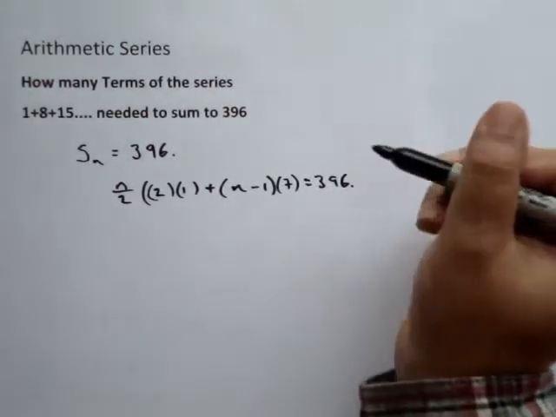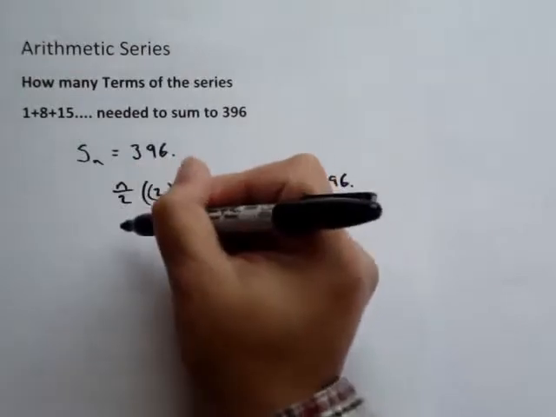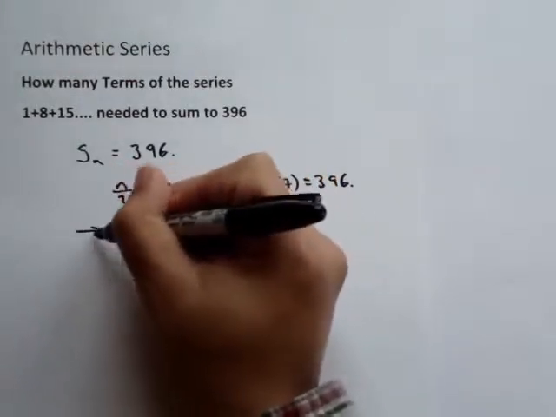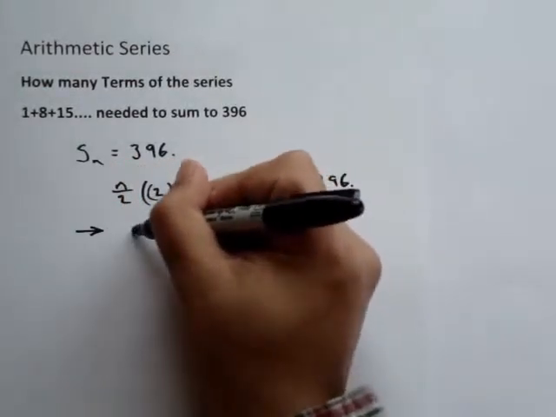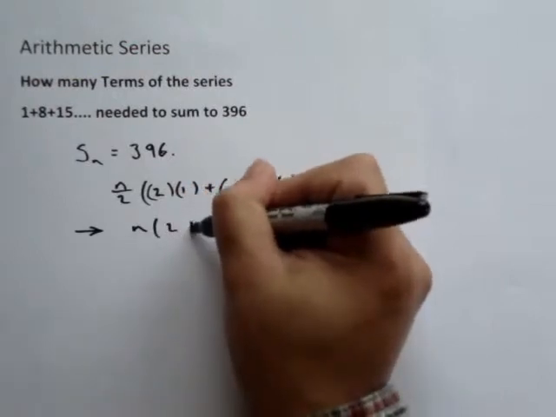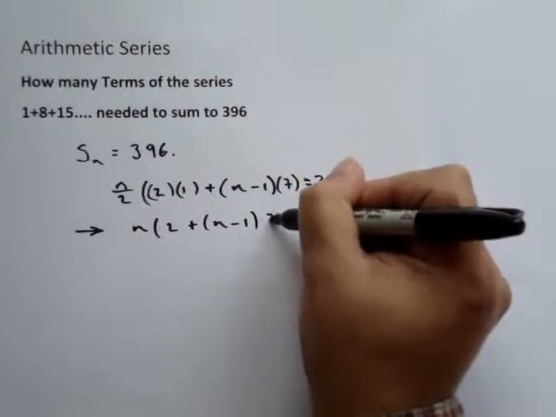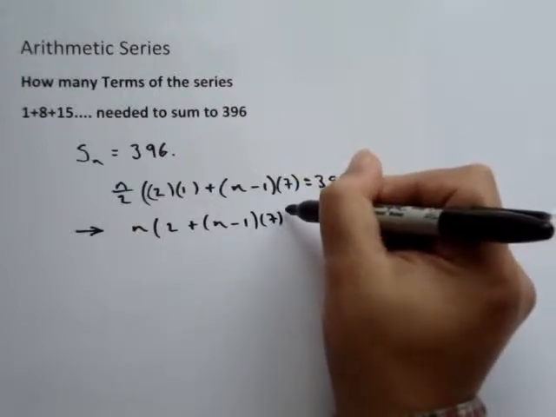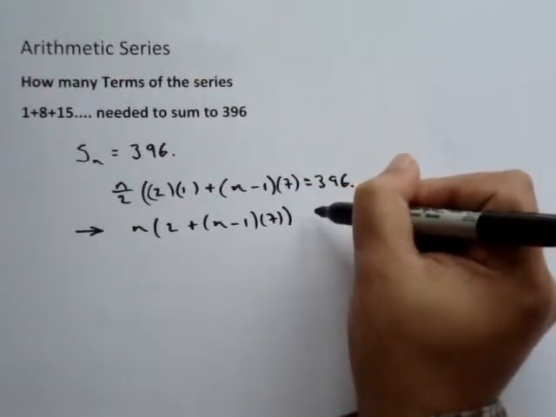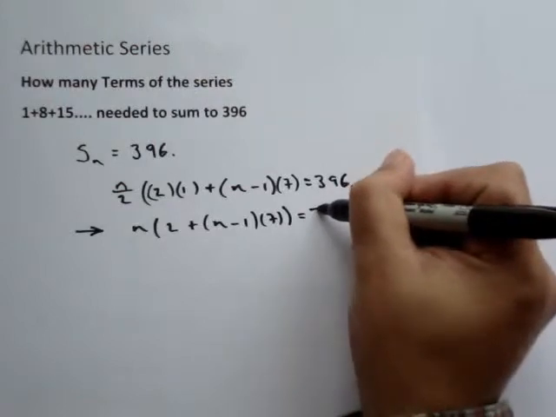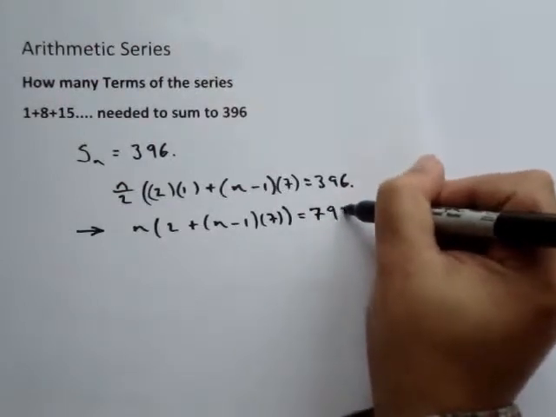When we get rid of this 2, we get n times 2 plus n minus 1 multiplied by 7 equals 792.